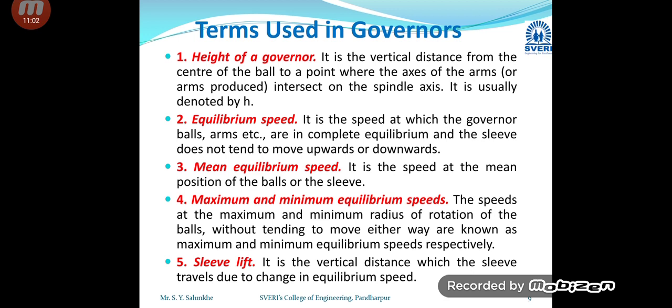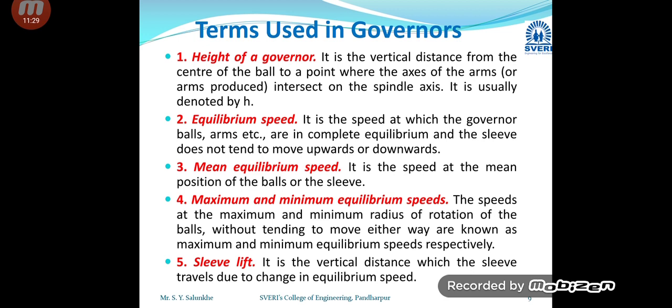As for sleeve displacement, the sleeve moves upward and downward, so there are limitations for its motion in both directions. If the sleeve is at the mean, that is, at the center, and the balls are also rotating at the center, that is called the mean equilibrium speed.